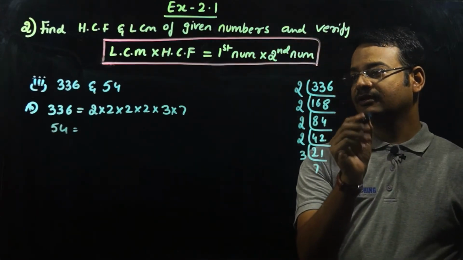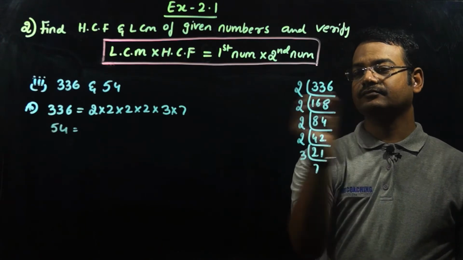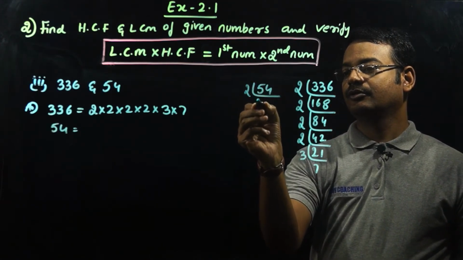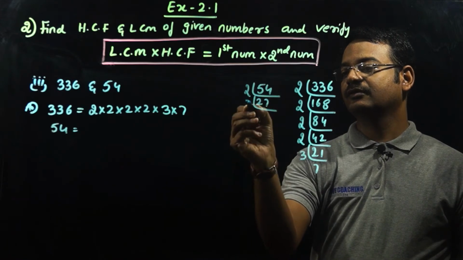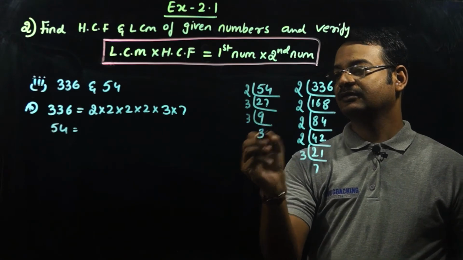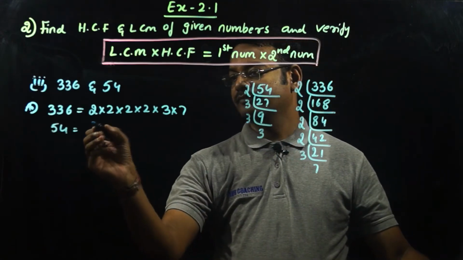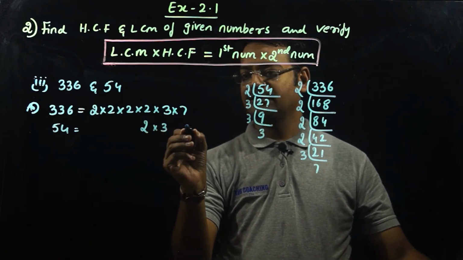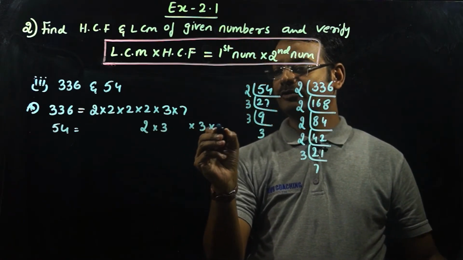54 can be written as 2 into 3 into 3 into 3.